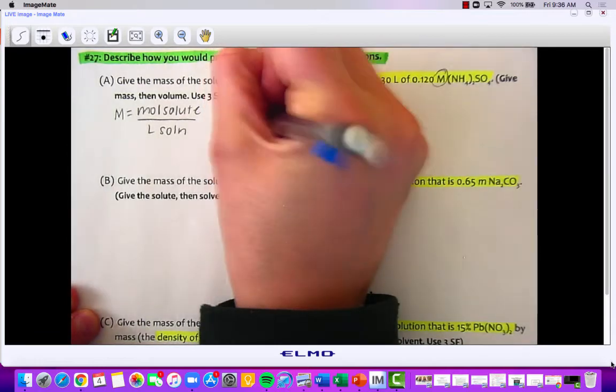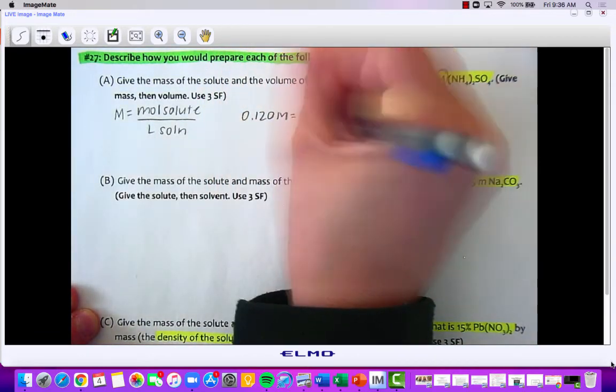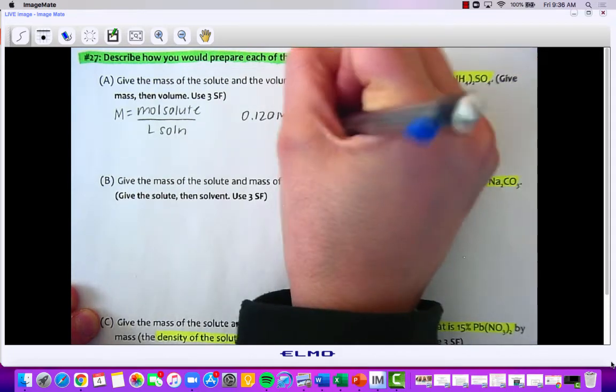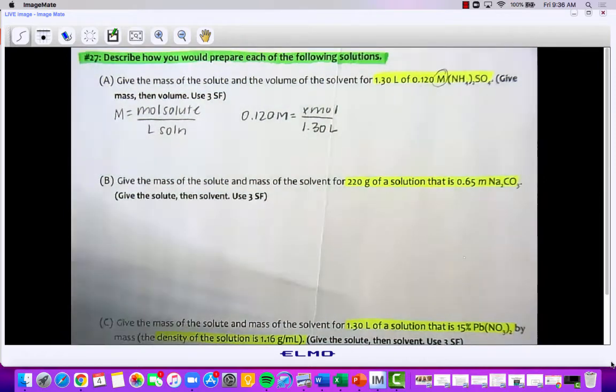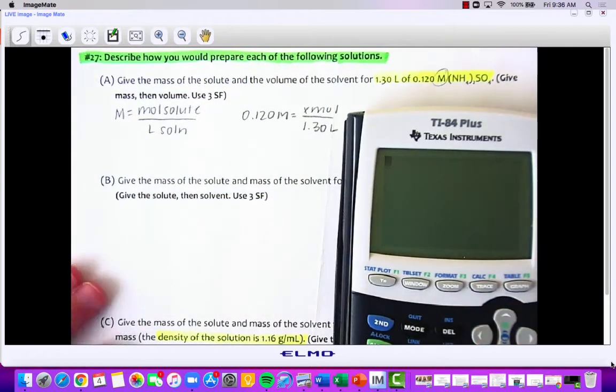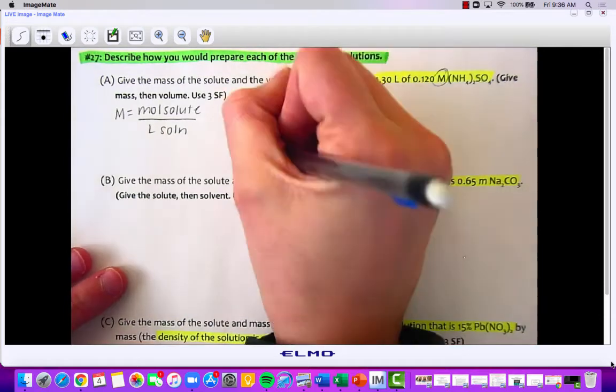So 0.120 molar is X moles over 1.30 liters of solution. And I'll go ahead and I'll plug this into my calculator. 0.120 times 1.3, so 0.156.